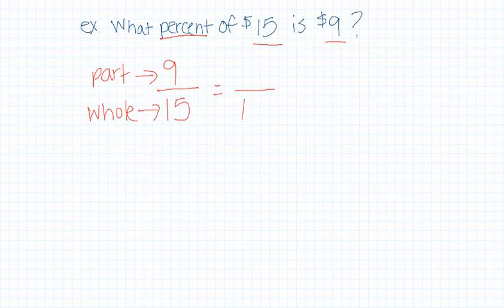So we can write our other ratio. We know our denominator is going to be 100 because percents are always out of 100, but we don't know what this numerator is going to be. So we put in a variable for it. Let's say the variable is m. Now, back when you all were doing proportions and ratios, to determine if these two ratios were equivalent, all you did was you cross multiplied.